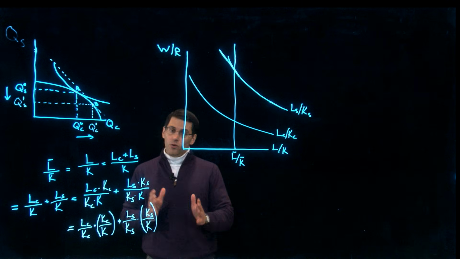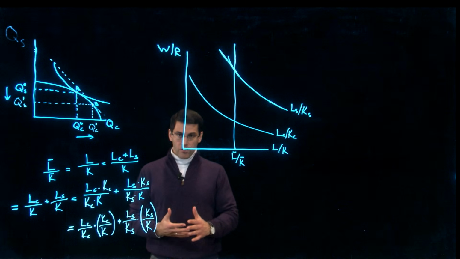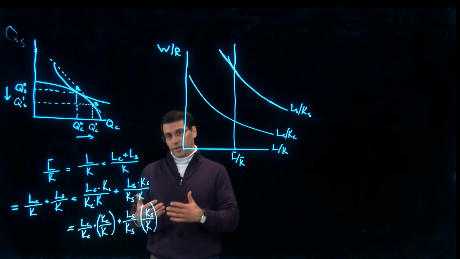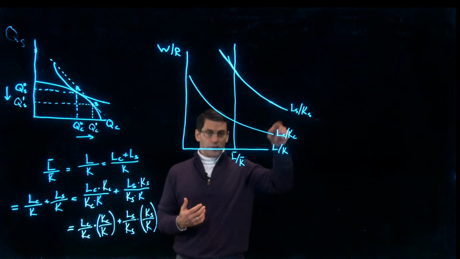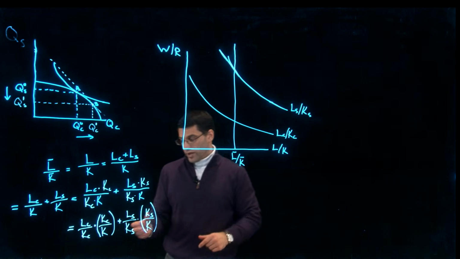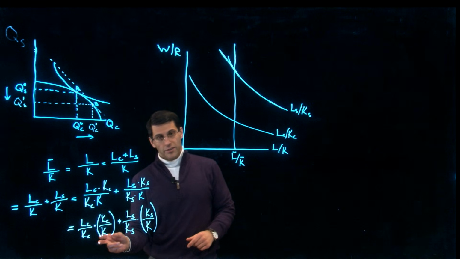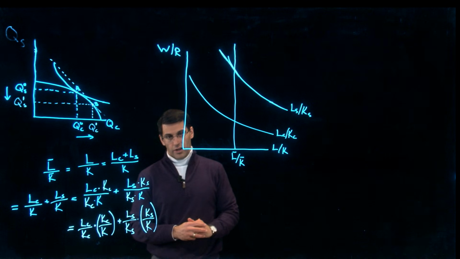So when I say that the aggregate relative demand for labor is a weighted average of the 2 industry relative demand curves, those weights are given by KC over K and KS over K.